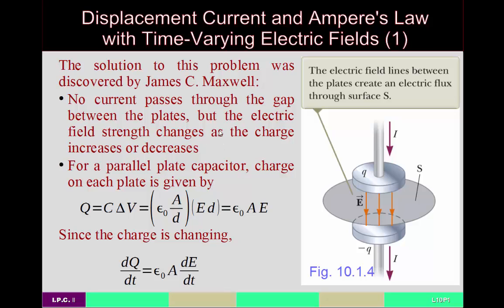What Maxwell said is that for a parallel plate capacitor, the charge that's stored on each plate is given by the capacitance times the voltage drop between the two plates. And this capacitance is basically given by epsilon naught times A over d. That's the permittivity of free space times the area of the plate divided by the distance separating the two plates.